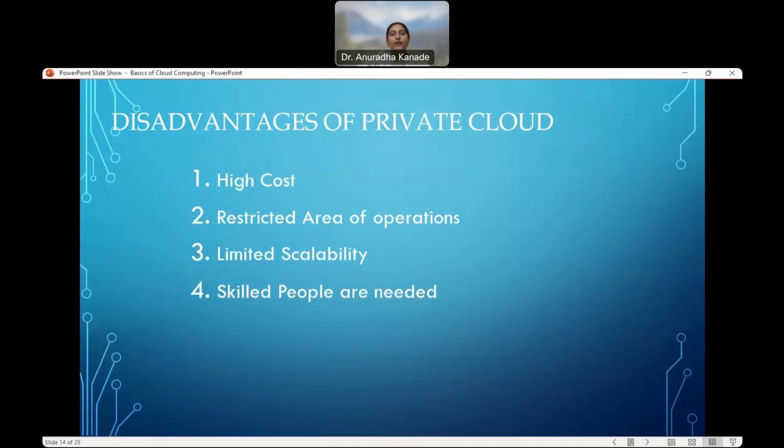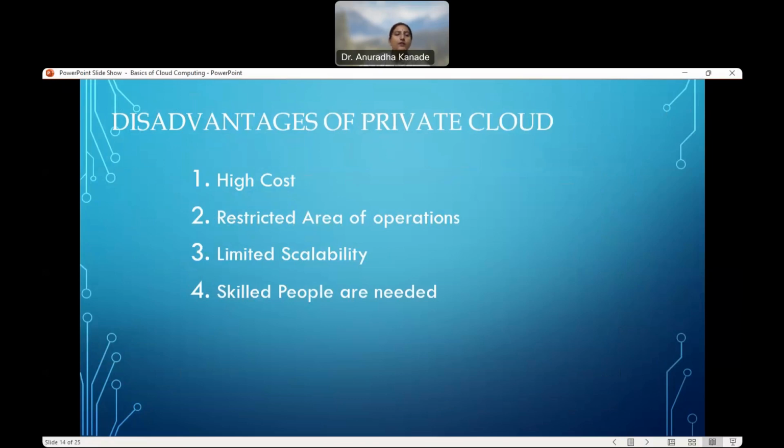It also provides a restricted area of operations because people have to log into the particular business site or they have to avail this facility on the premises. So the operation area is restricted. It is not available all the time from remote places. It has limited scalability.